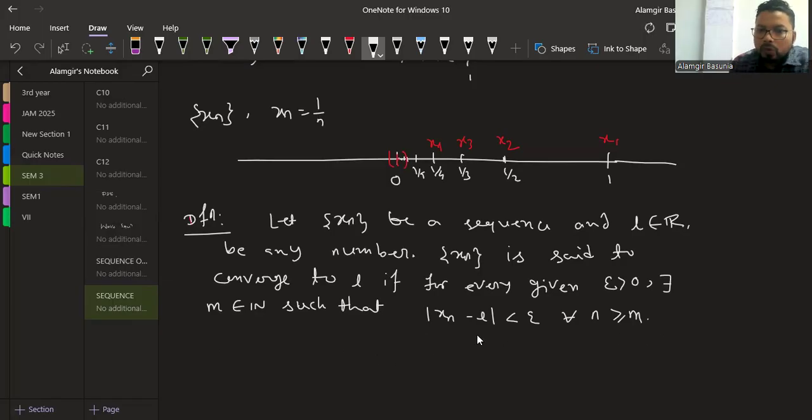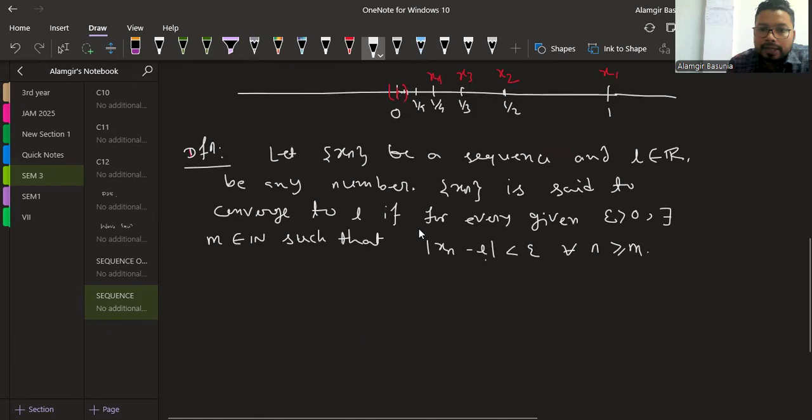Now, what does it mean? The modulus value of x_n minus L: x_n is a real number and L is also a real number, and the modulus means the distance between the two numbers. Now, what does mod of x_n minus L less than epsilon mean?